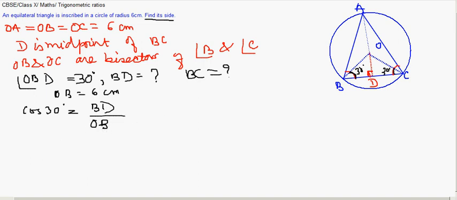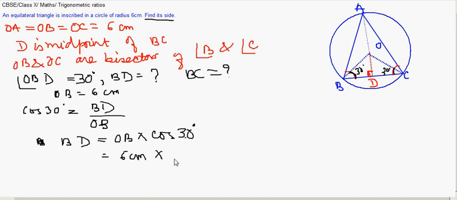So cos 30 is equal to BD by OB. BD will be OB into cos 30. OB was given as 6 centimeter, and cos 30, if I recall, is root 3 upon 2.